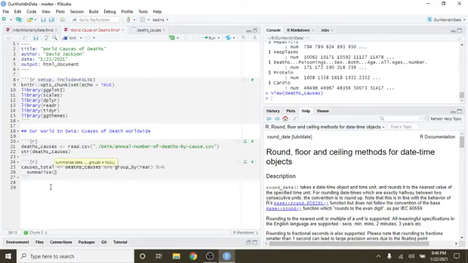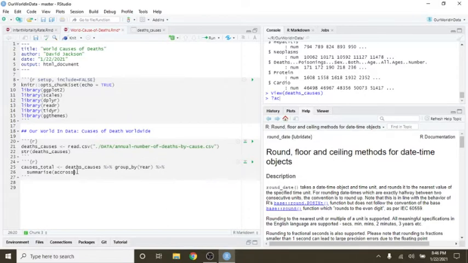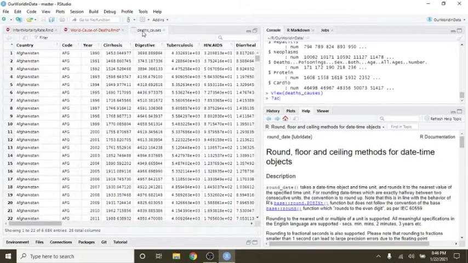Summarize. Okay, good, across. Basically what you do is you take the first column, which is cirrhosis of the liver.